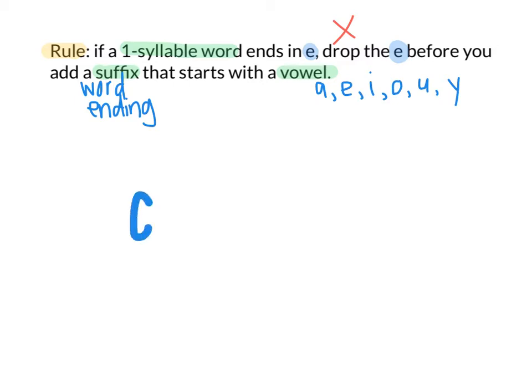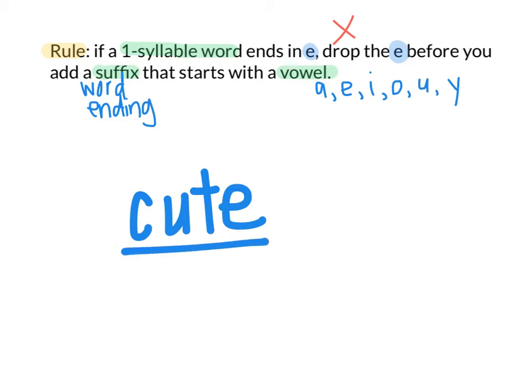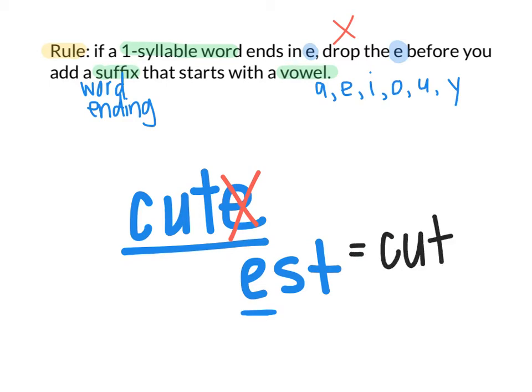Let's say we had the word cute. Cute. And we wanted to change it into cutest. Cutest. So let's think about that ending that we're adding. We're adding an ending that's est, right? So if our suffix starts with a vowel, which it does, it starts with an E, I'm going to get rid of this E. So the way I would spell cutest would be C-U-T-E-S-T.